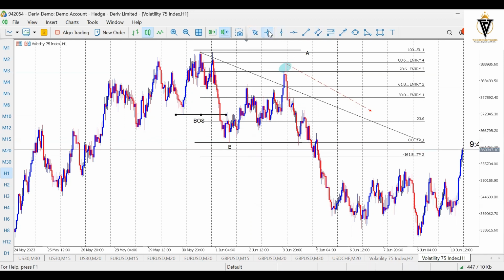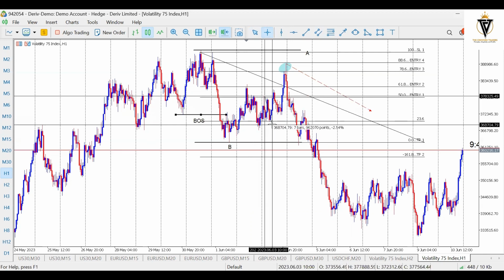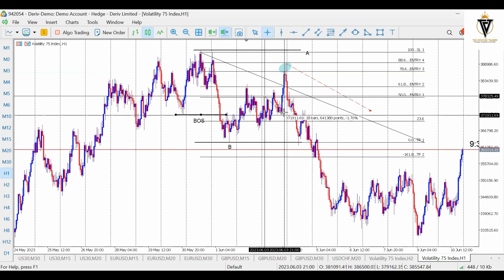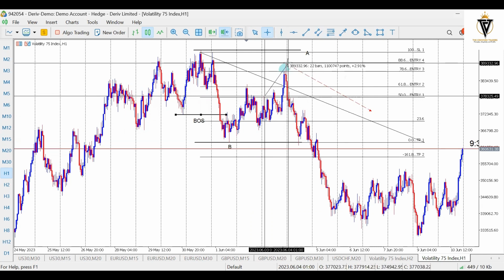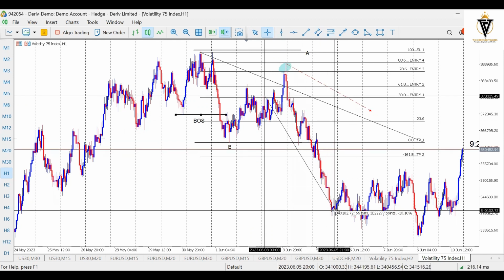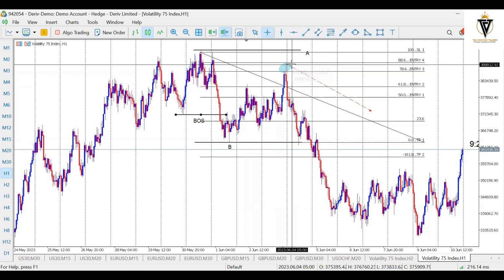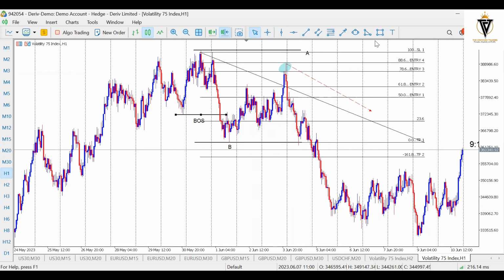Now it came to our 50 level again, somewhere here, respected it a bit, came back into the 50 to halfway to the 61.8, came down, and then it went up to 78.6, closer to 88.6, and then it dropped all the way, right? So either way, with your stop loss intact, you would have been profitable if you had taken this trade.